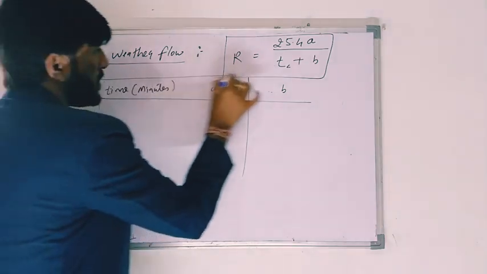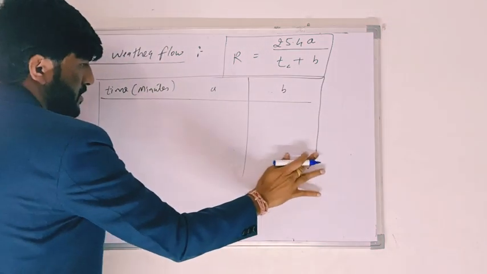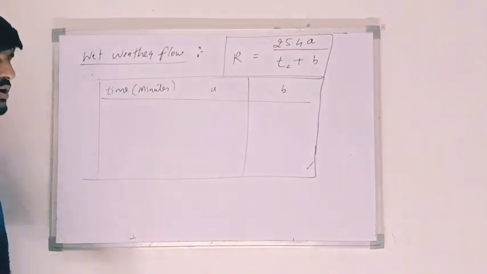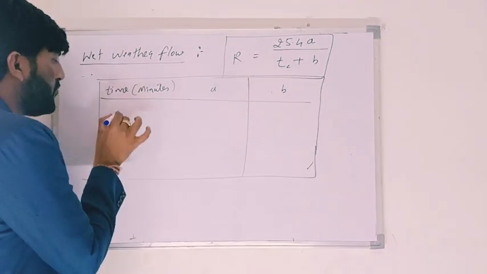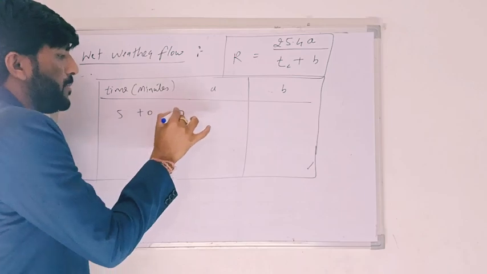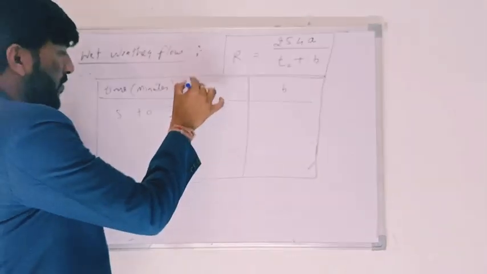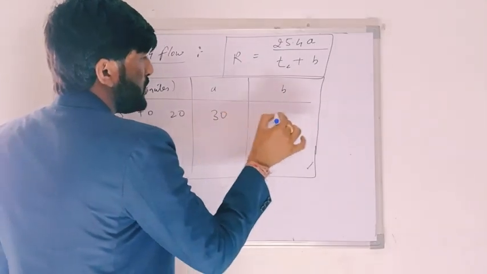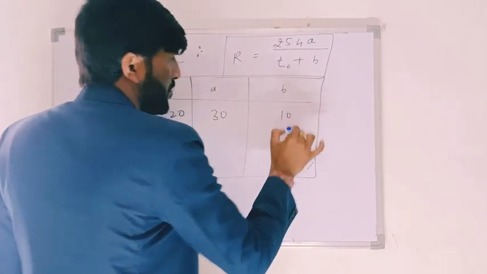A and B depend on concentration time. For concentration time of 5 to 20 minutes, the value of A is 30 and the value of B is 10.